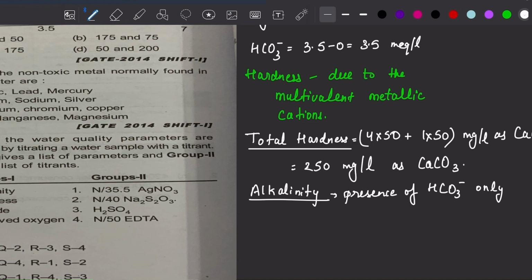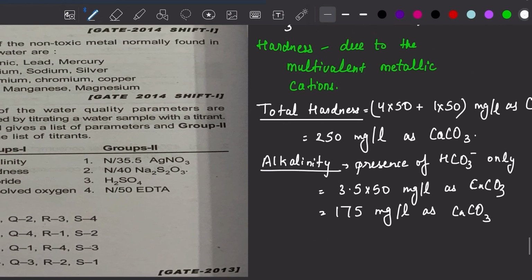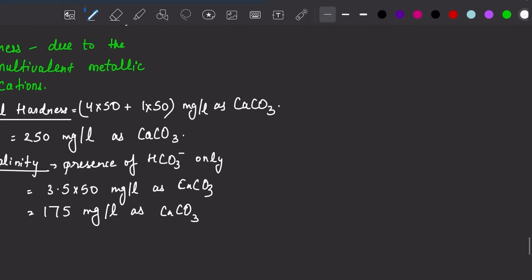Okay, now the alkalinity also we can calculate, that is HCO3 is 3.5 into 50, this is milligram per liter as CaCO3. So this is about 175 milligram per liter as CaCO3. Okay, now we know what is carbonate hardness.